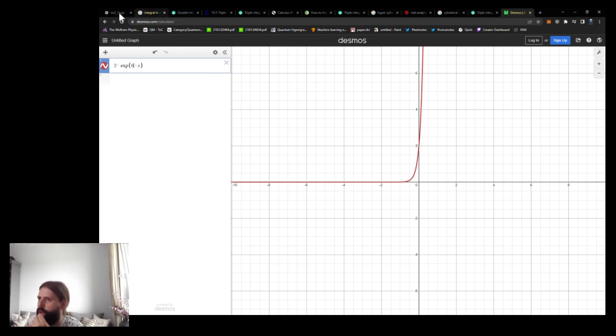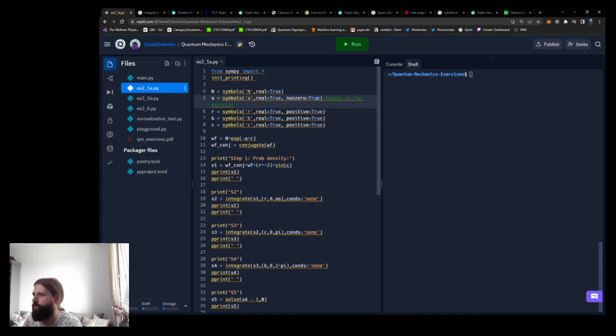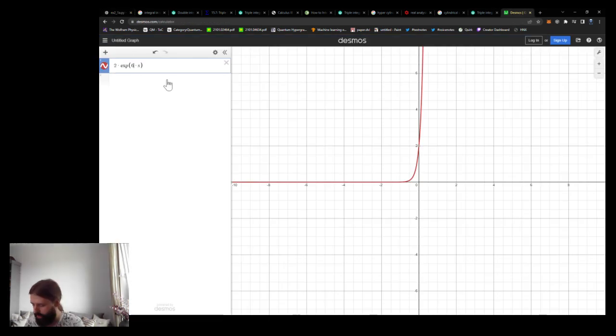You know what, I'm going to assume that it's positive. I think it's sensible to assume it's positive, because that's why you have a minus there, right? Let's assume it's positive.